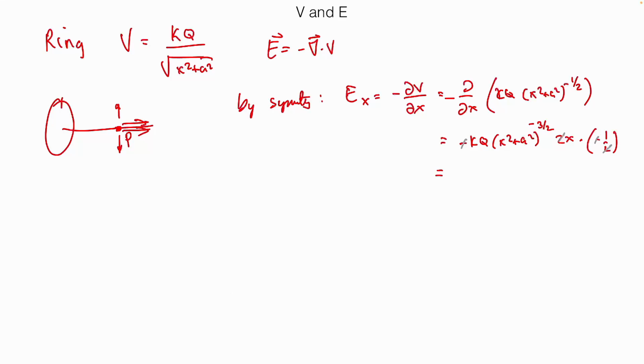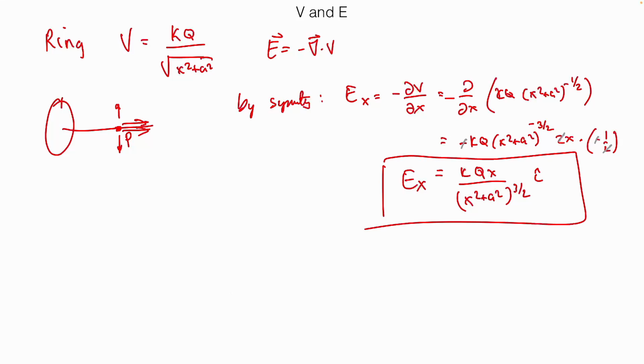So we've got kqx all over x squared plus a squared to the 3 halves, in the x hat direction. Isn't that what we got before for the electric field of a ring? You can go check your notes, but that's what we got before.